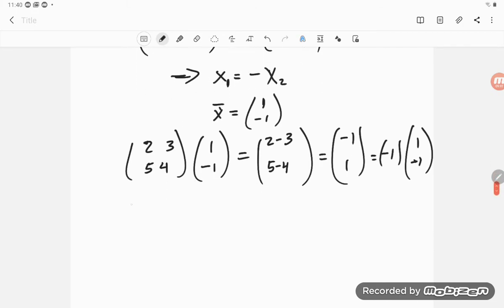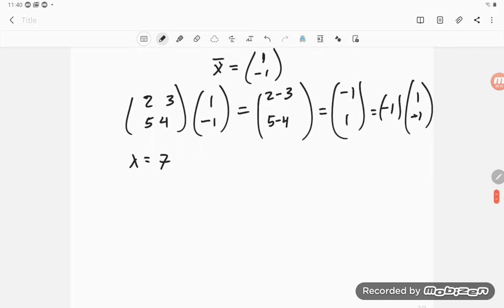And similarly, if we let lambda equal 7, our matrix was 2 minus lambda, so that's a minus 5 and a 3. And then we had a 5, and 4 minus 7 is negative 3.